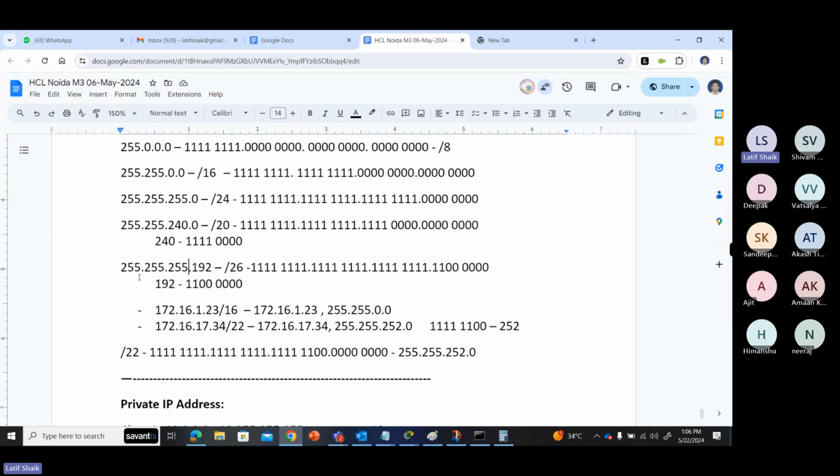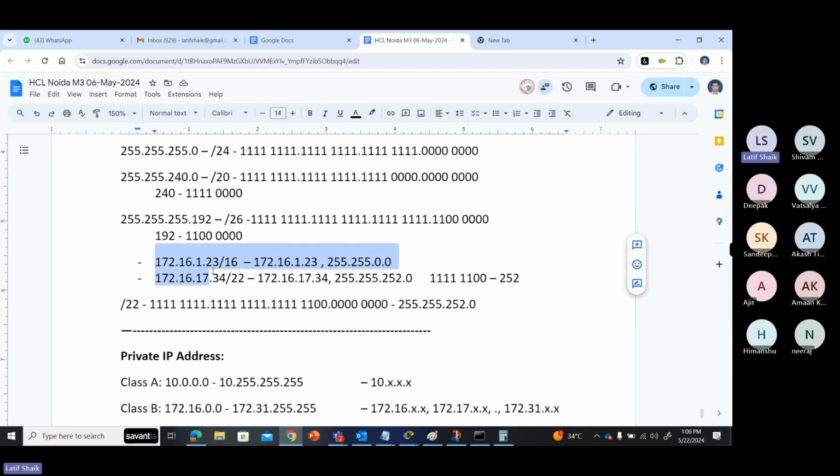So here, there is a subnet mask, sorry, not an IP address, the subnet mask is like this. It contains 26 ones. This is 255.255.255, totally 24 ones, plus 2, 26, because 192 means this one.